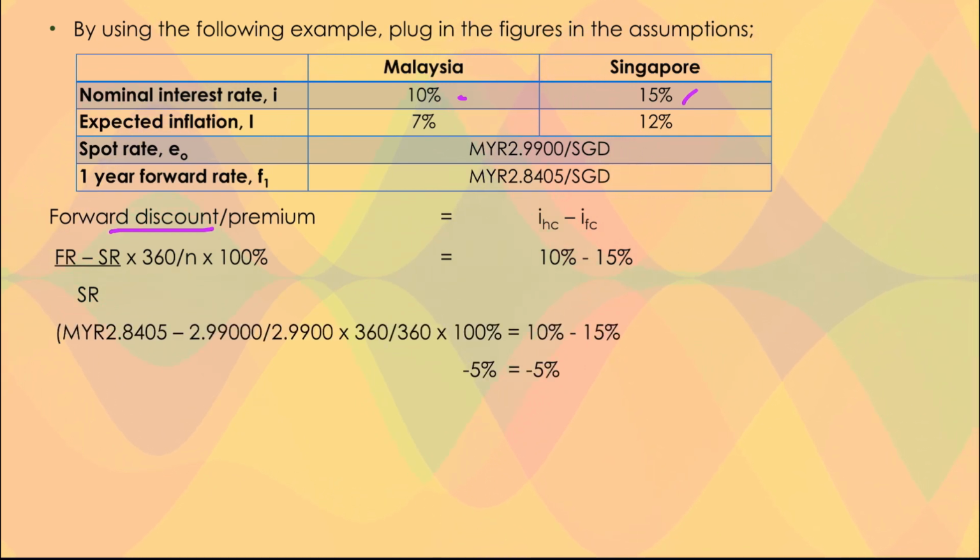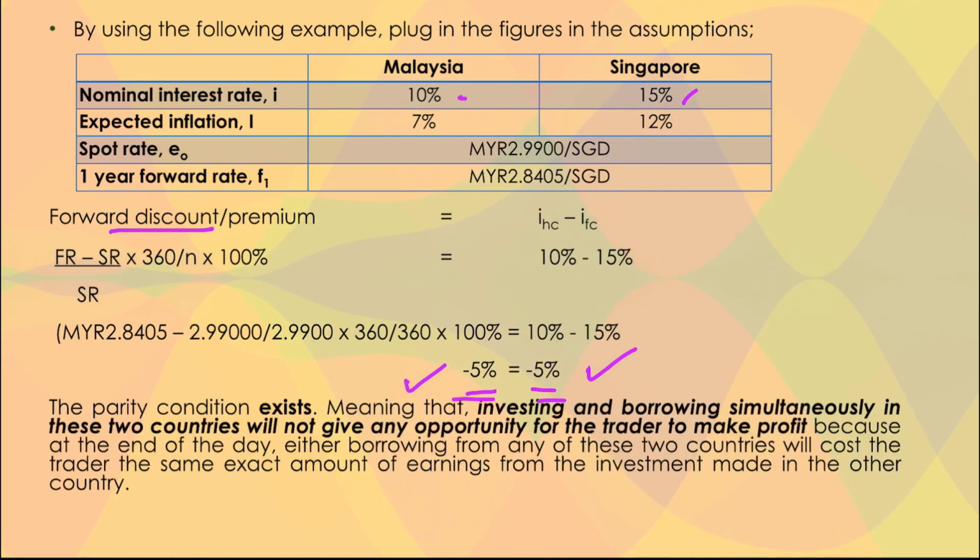So let's calculate the forward premium. We get negative 5%, and the differential of interest rates is also negative 5%. Okay, can you see this? The difference in interest rate equals the forward discount, or the difference between the forward rate and the spot rate, meaning that the parity condition exists.